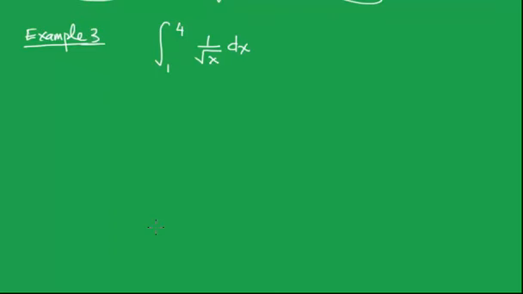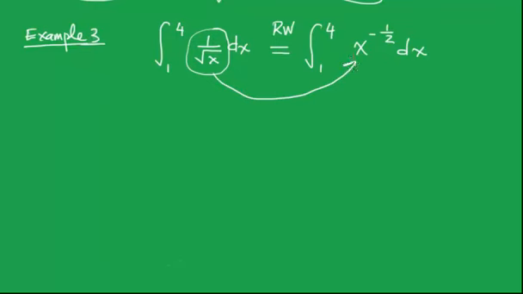So what is it equal to? We need to find an antiderivative of this function, so we have to rewrite it. When we rewrite, you have the integral from 1 to 4 of x to the negative 1/2 dx. So when you're rewriting this expression, that's what you get.